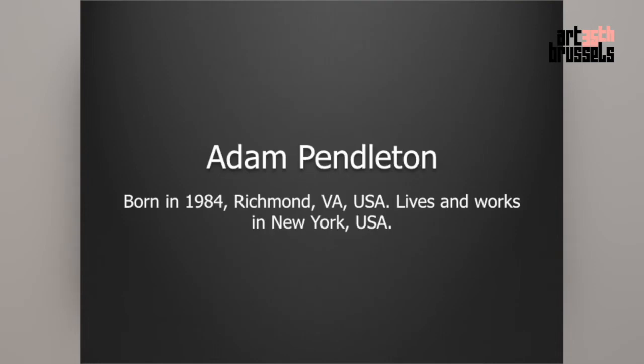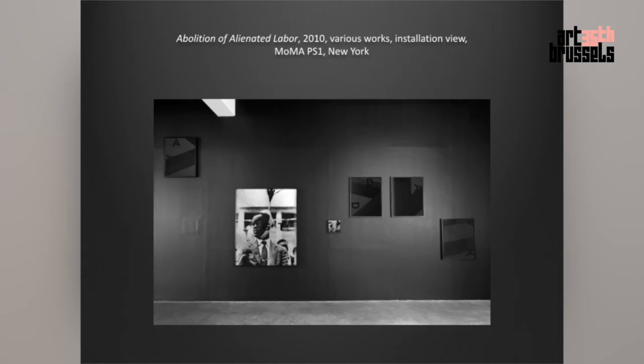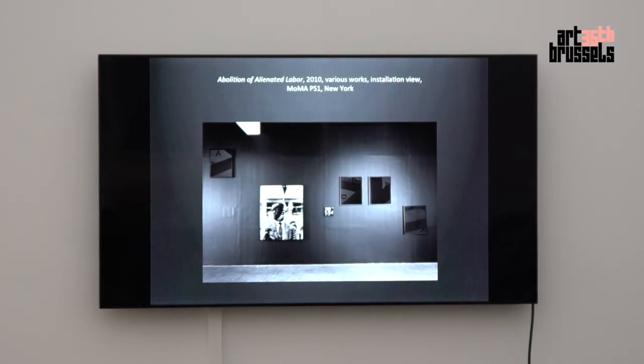And Adam Pendleton, the last artist in the exhibition, developed a new installation for the pavilion, which brought together his fictional Black Dada movement. Black Dada, in fact, imagines what Dada would be like if it was invented by black artists, and brings together the whole history of Dada and, of course, minimalism.